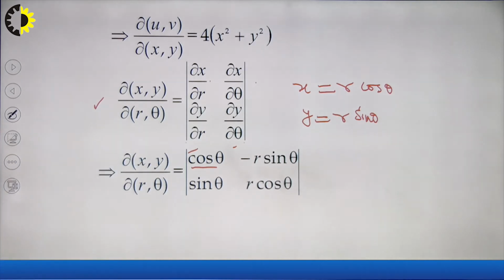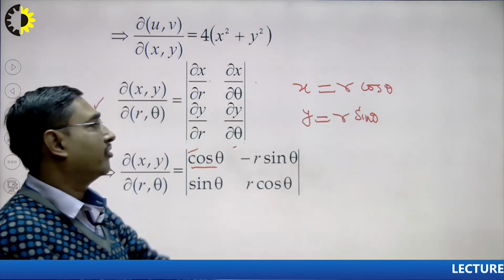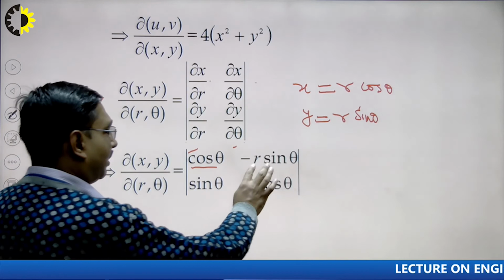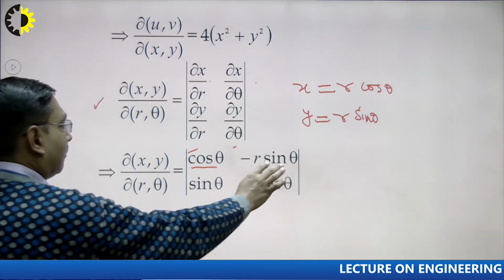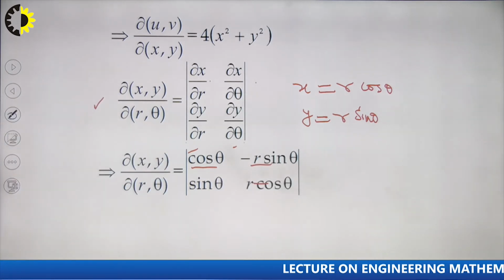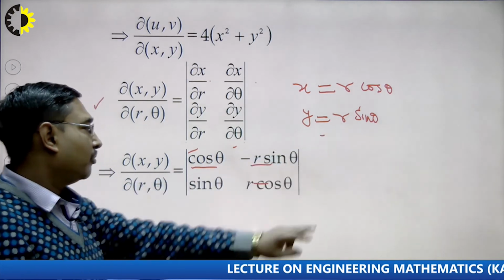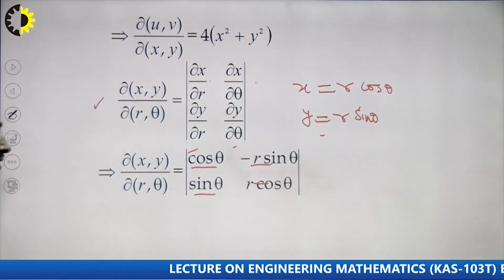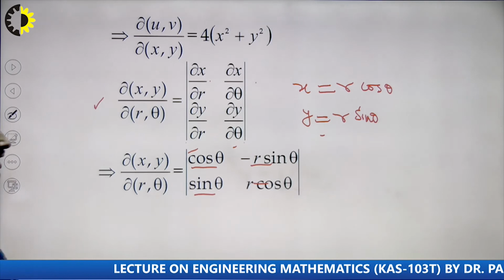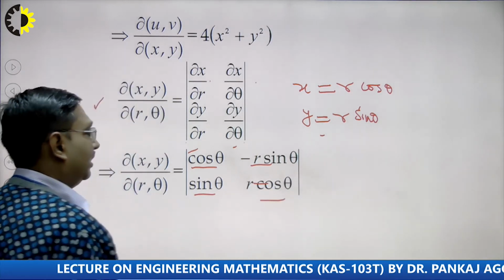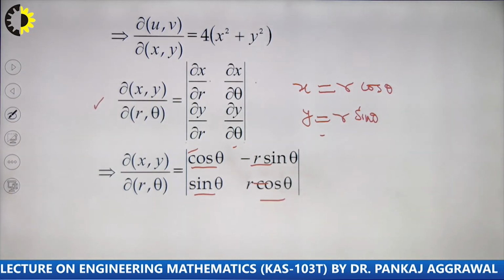Del x over del theta will be minus r sin theta. Del y over del r will be sin theta. Del y over del theta will be r cos theta.